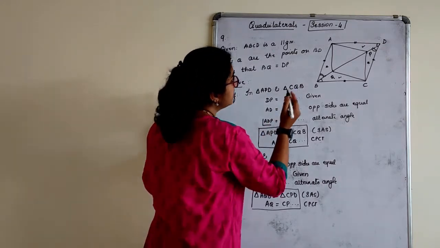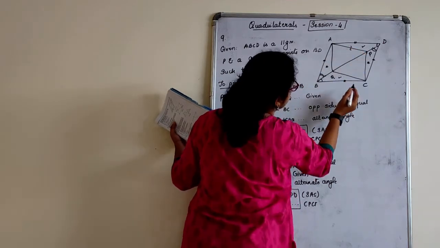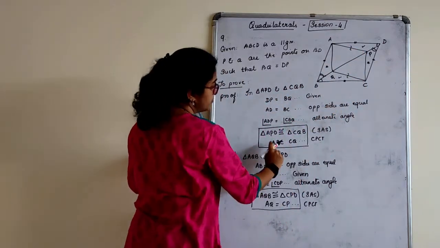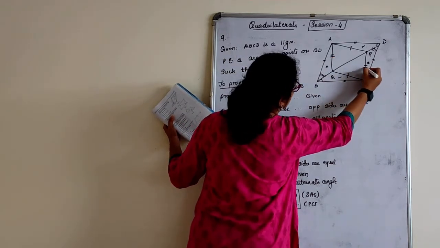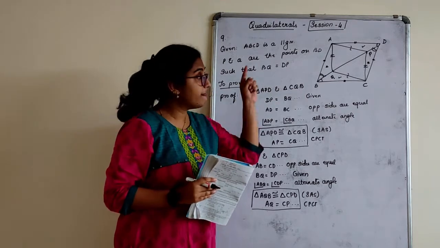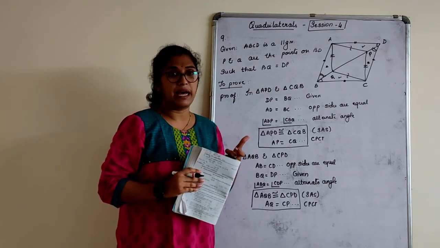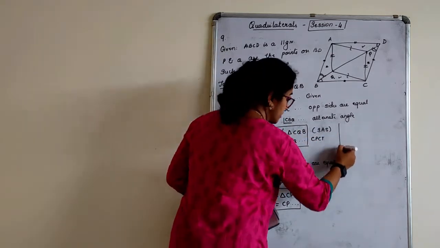Now just see here. AP is equal to CQ, right? Then AQ is equal to PC. In a given quadrilateral, if opposite sides are equal, then it is called a parallelogram. I'll write the conclusion here.